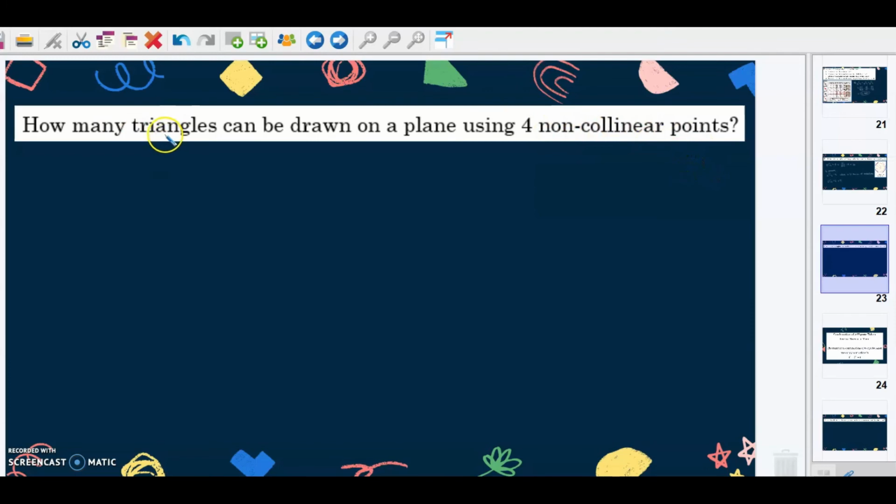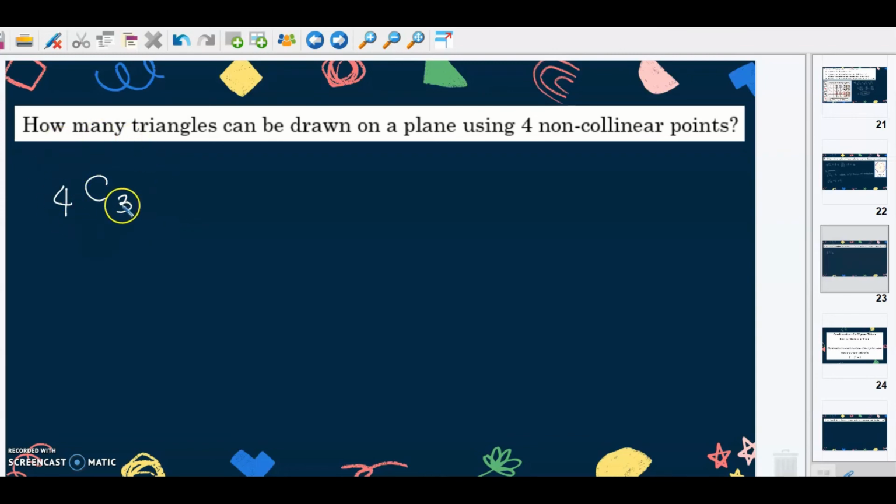As we all know, for us to have a triangle, we need 3 points. So from 4 non-collinear points on the same plane, we're basically going to choose 3.